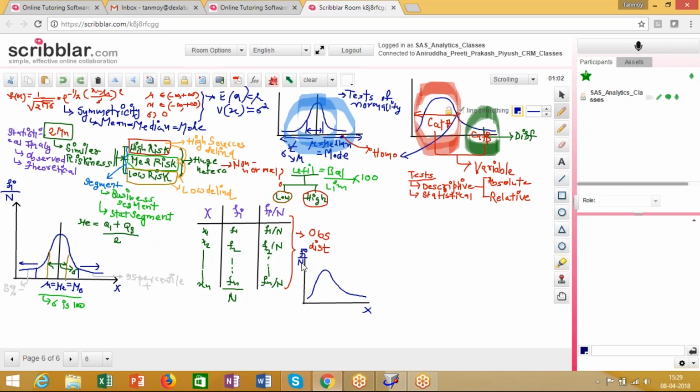Since this is obtained from the actual values, it is also called the actual distribution. Now the theoretical values are obtained from the theoretical frequency distribution.